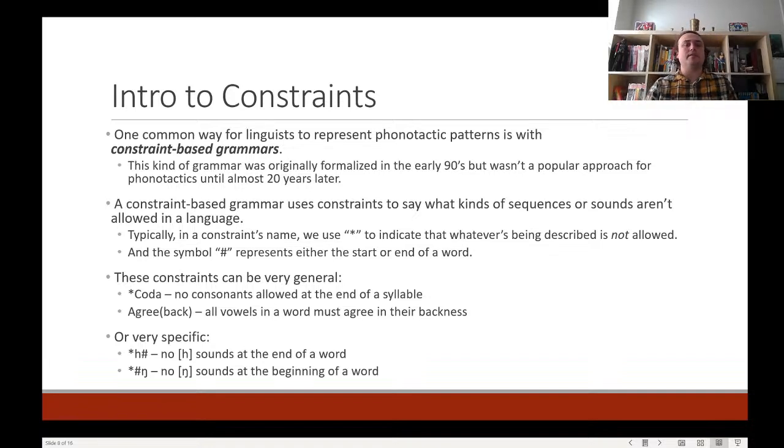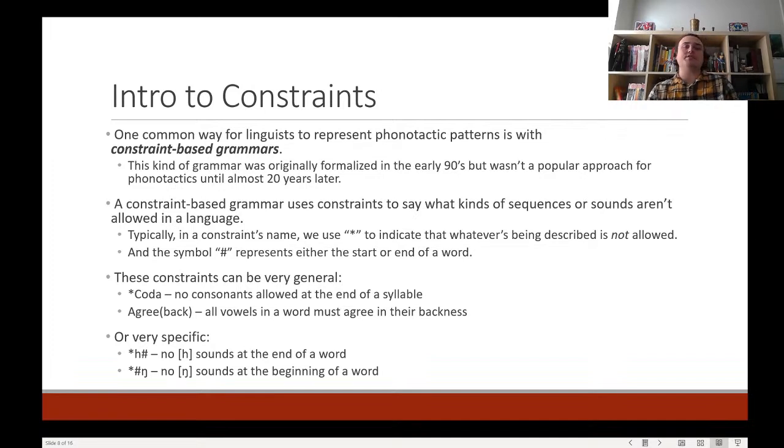The kind of grammar that I'm going to be talking about was originally formalized in the early 90s. So I guess about 30 years ago now. But it wasn't really a popular approach for phonotactics until around 20 years later, so like the late aughts, around 2008. A constraint-based grammar uses constraints to say what kinds of sequences or sounds aren't allowed in a language.